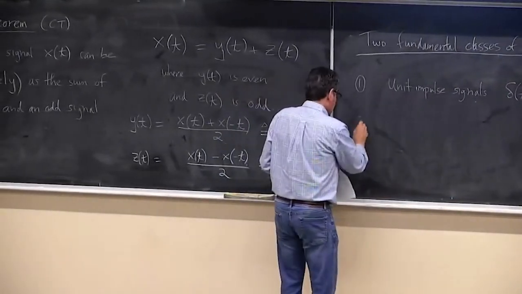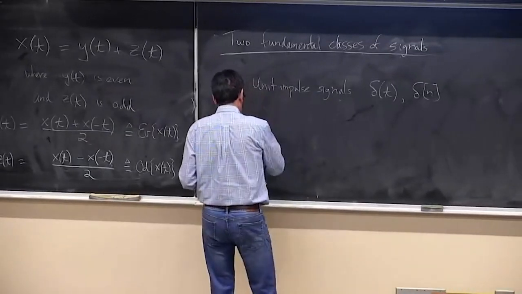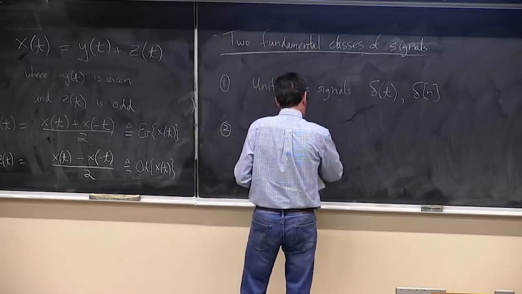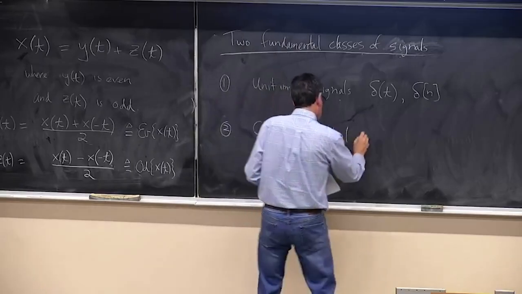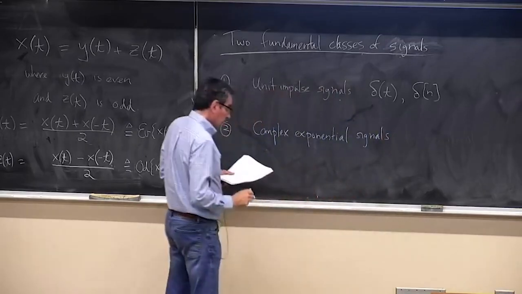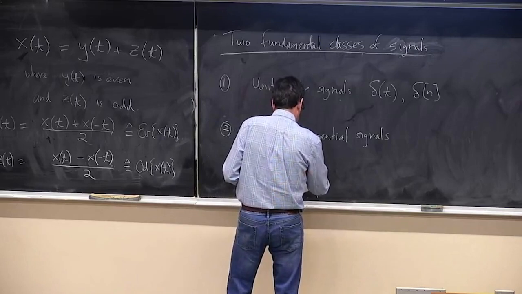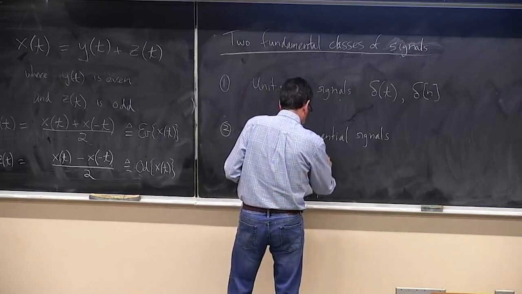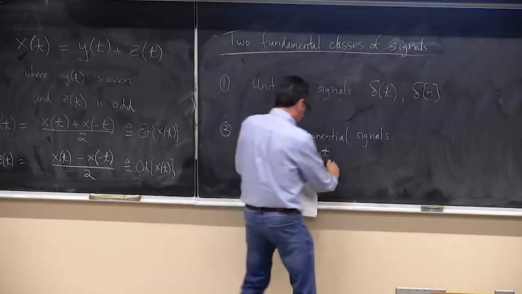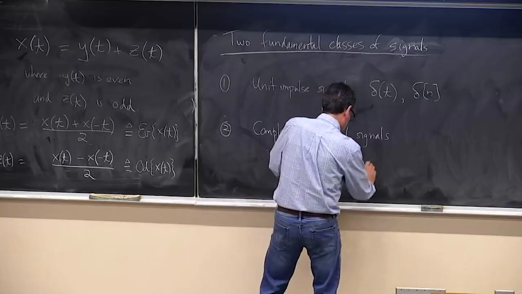And the second class is going to be the class of complex exponential signals. There we'll be dealing with, in continuous time, signals that look like some complex number c times e to the at, where c is complex and the exponent is complex.